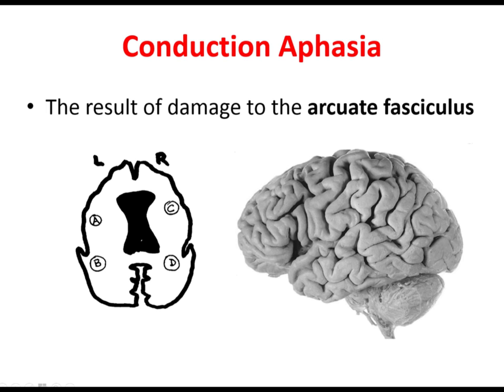We have another aphasia here, which is conduction aphasia. Conduction aphasia is a type of aphasia where we have damage to the arcuate fasciculus. And remember, we said that those fibers, the arcuate fasciculus, connect Wernicke's area with Broca's area.